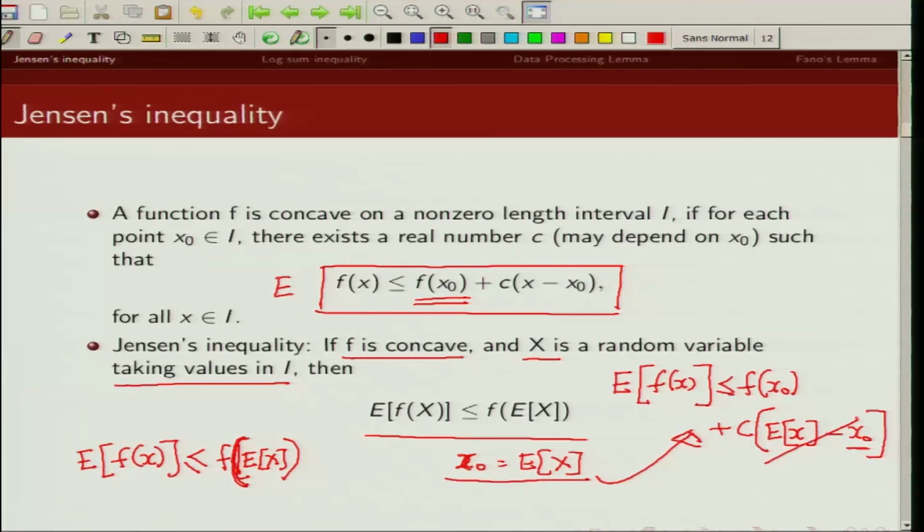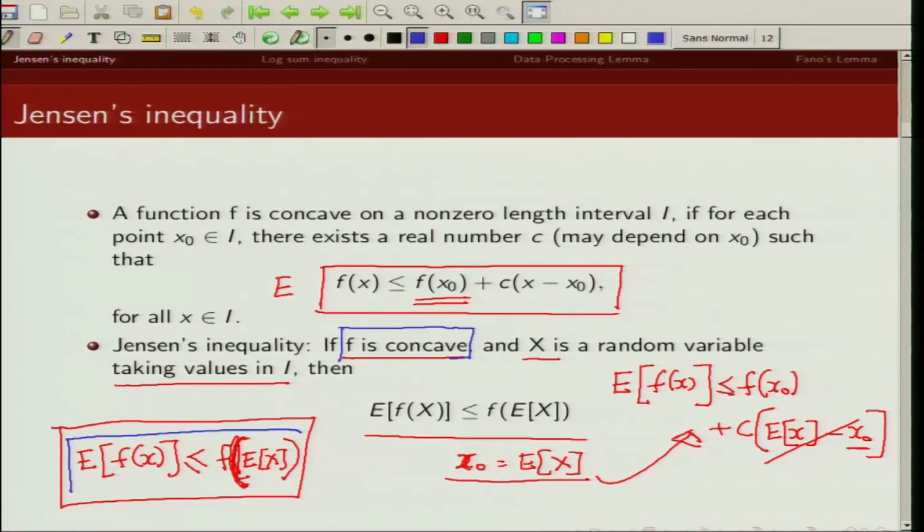So this term will become 0. What I will be left with is this, and this is precisely my Jensen's inequality. So if I have a function f which is concave, then this relation holds.